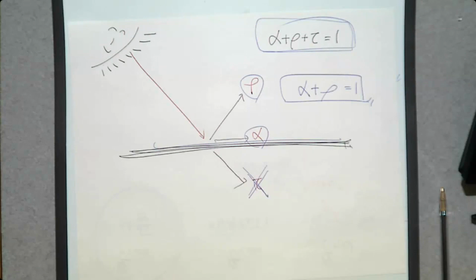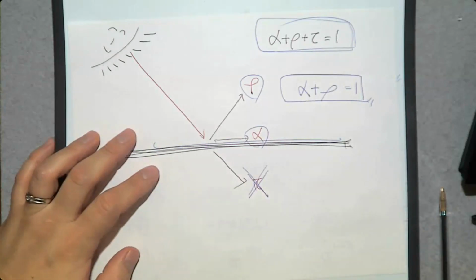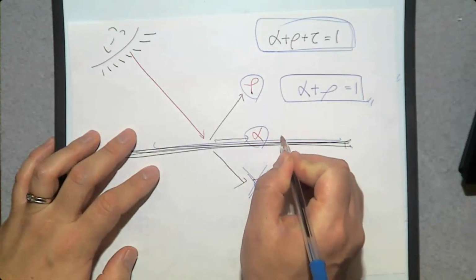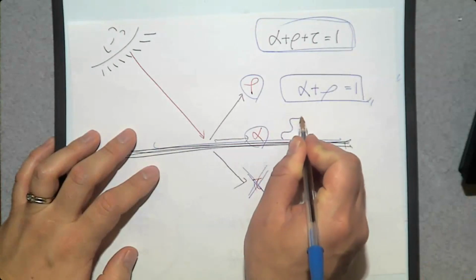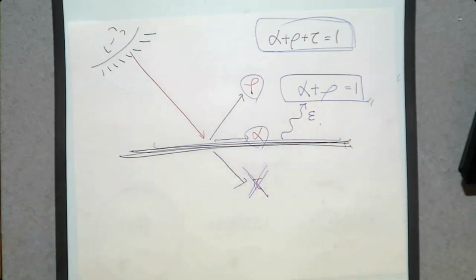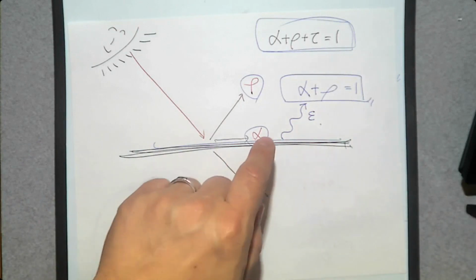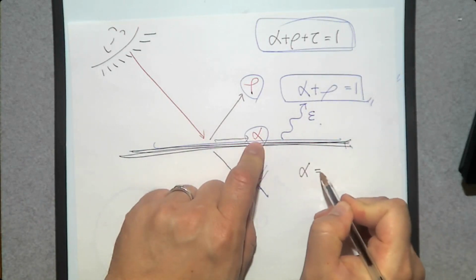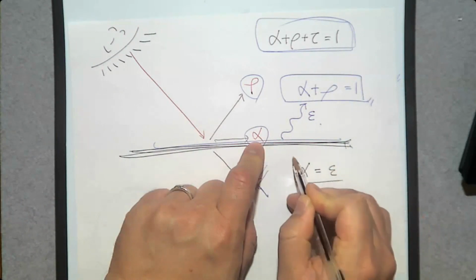This rho? No, this is just the reflection of incoming radiation. The sun can emit radiation. What about this surface? The surface can also emit radiation, that is radiation emitted by its own surface. This is epsilon. And to have a thermal equilibrium, this alpha should be the same as epsilon.